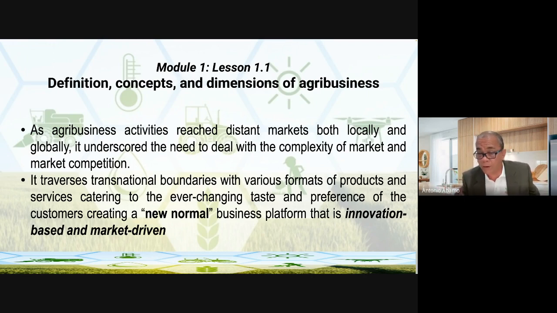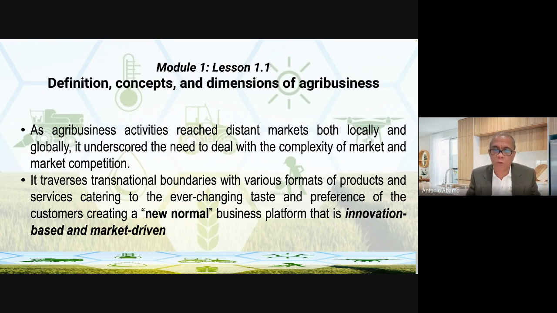That's one thing. The other thing is because of the dynamic, ever-changing taste and preference of customers, again, agribusiness is cascading or restructuring in terms of emphasis.